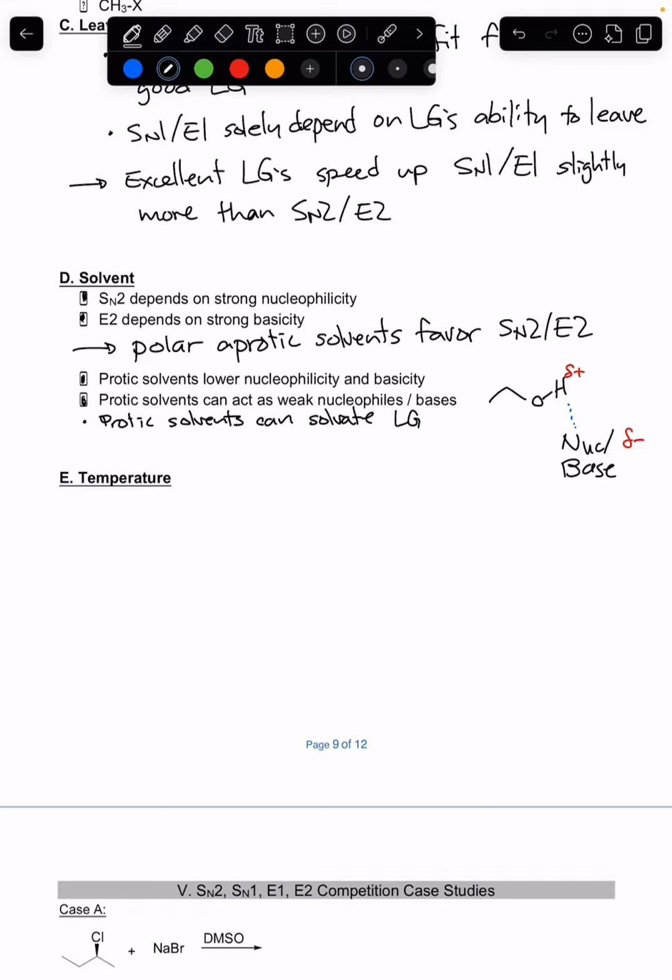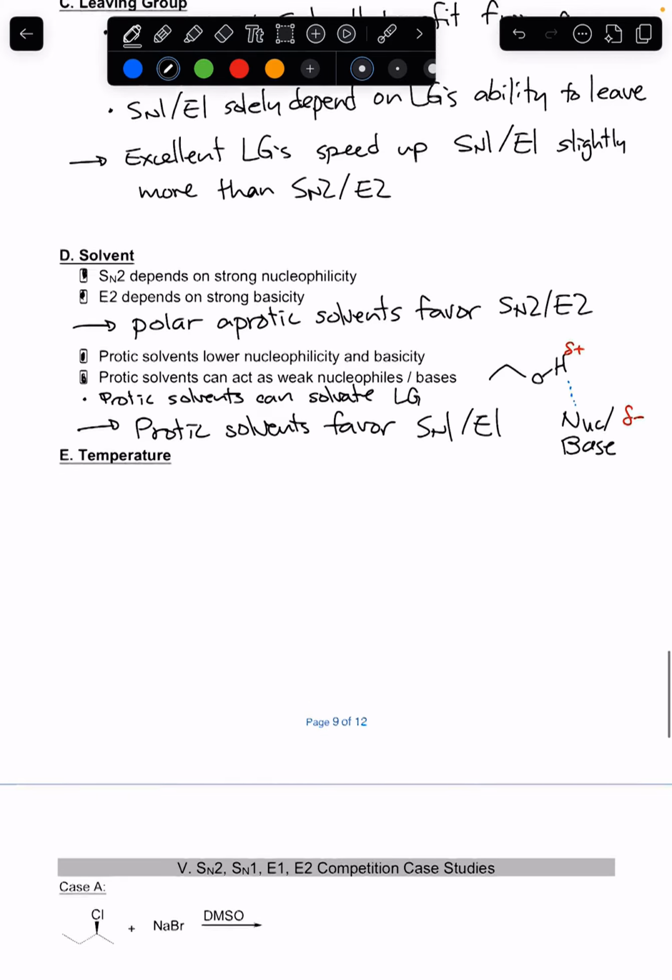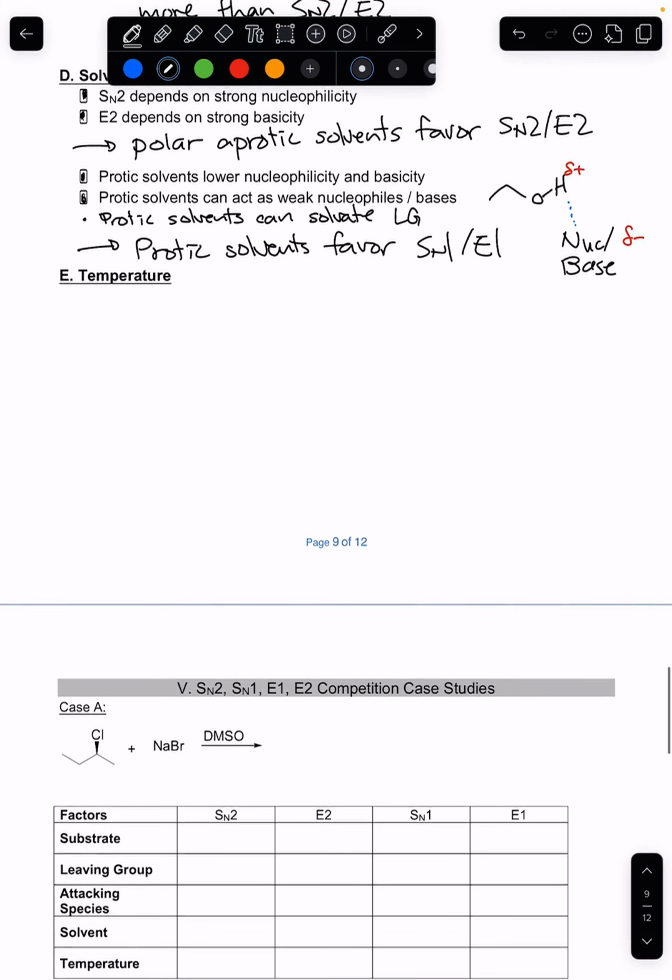All that together, we could say that protic solvents favor SN1 and E1. Okay, hope that makes sense.